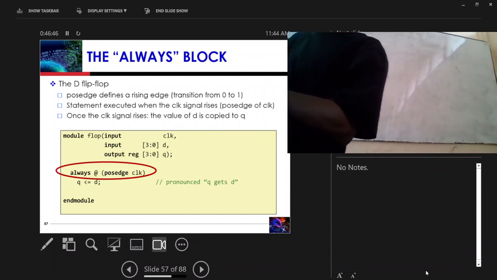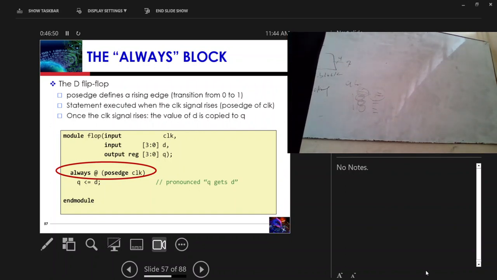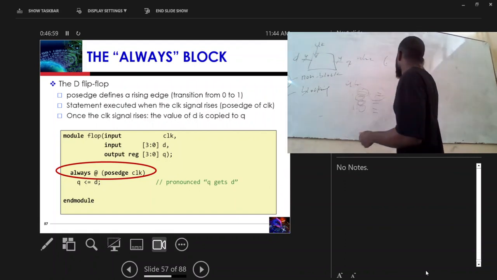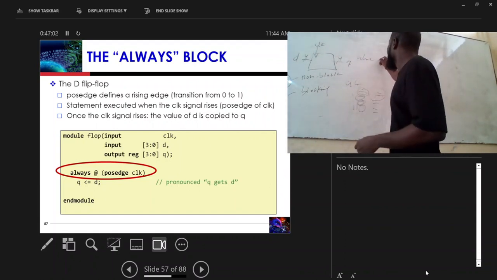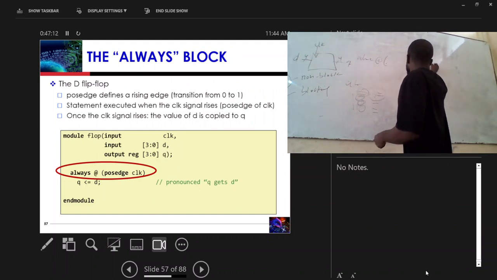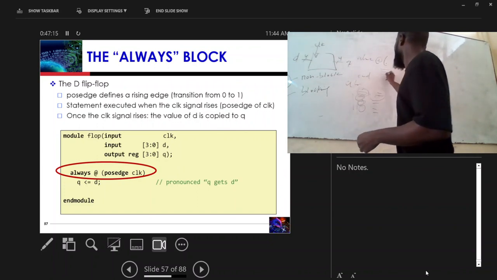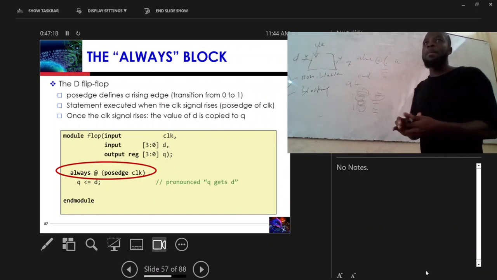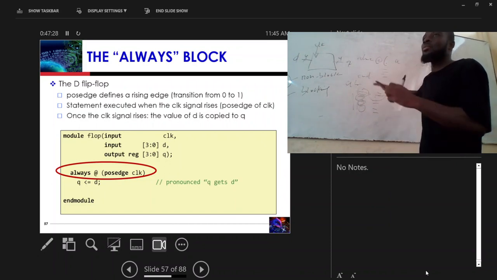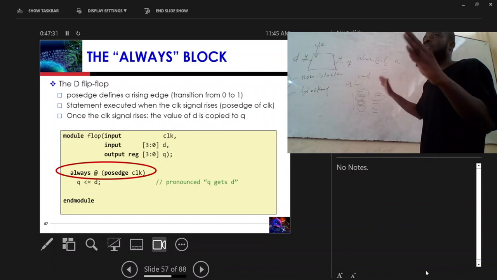So the always at the positive edge of the clock is supposed to be easy. After always comes a list. What that means is that anything that changes in this list causes the statement to be executed. So let's say always at A: if A changes, that is the only time the statement will be executed. If A does not change, all the values are maintained.